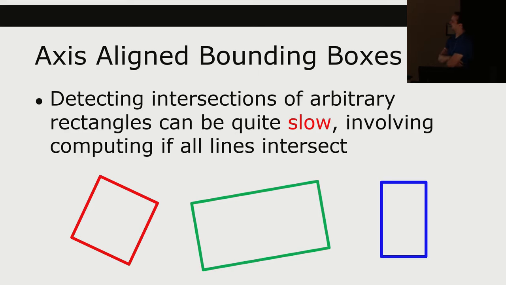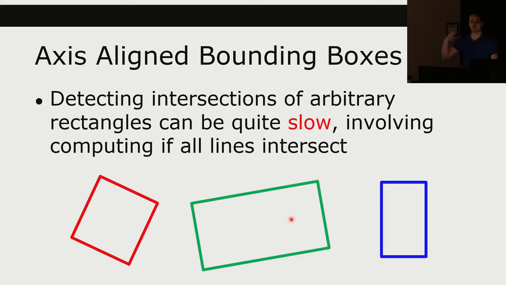But if we had to detect arbitrarily rotated rectangles, the only way to do that would be to say something like, okay, for each of these line segments, see if they intersect with any of these line segments, right? And so for four of these line segments, that's 16 line segment calculations, and then within a line segment calculation, which we'll be talking about in a future lecture, there may be half a dozen or more actual mathematical calculations.